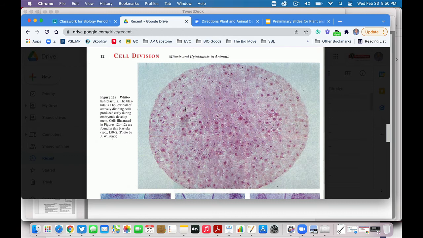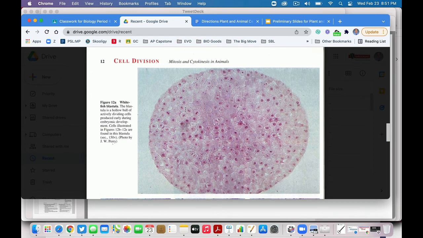There's going to be several of them across the slide for you to look at. It's going to require some patience and some work in adjusting the light on those microscopes to get a really good look and a really good image to be able to answer that question and count some cells. Sometimes the stain is a little bit faint, so just be patient with that.